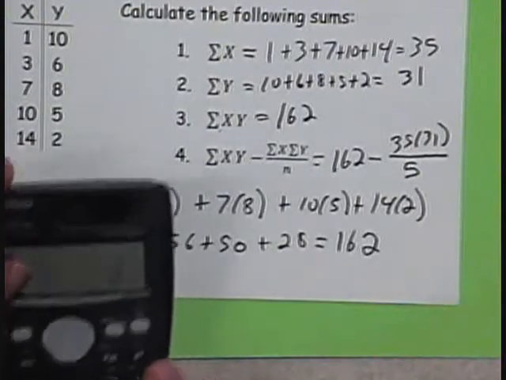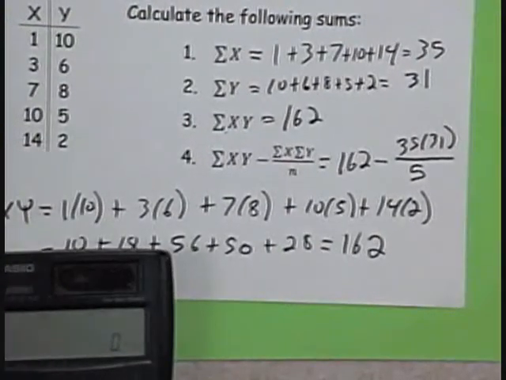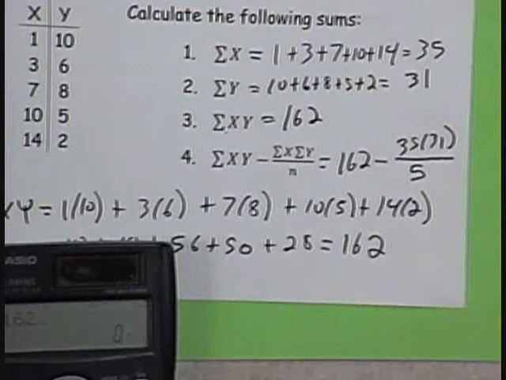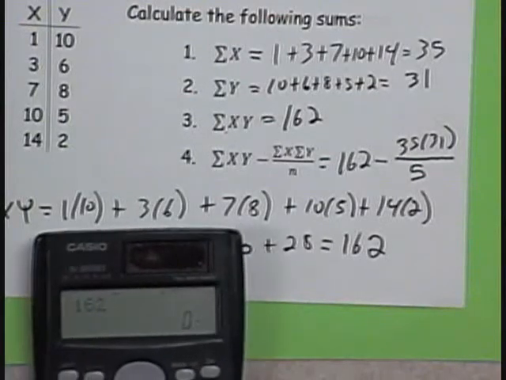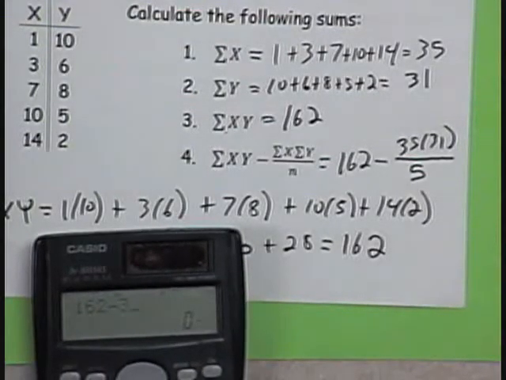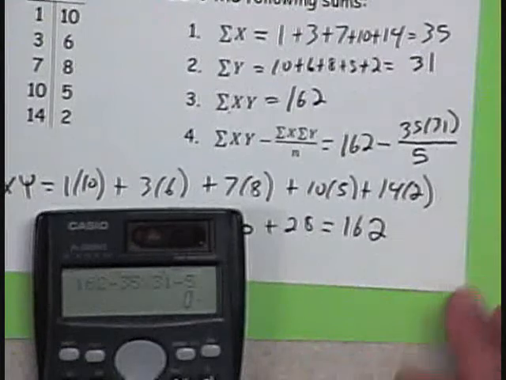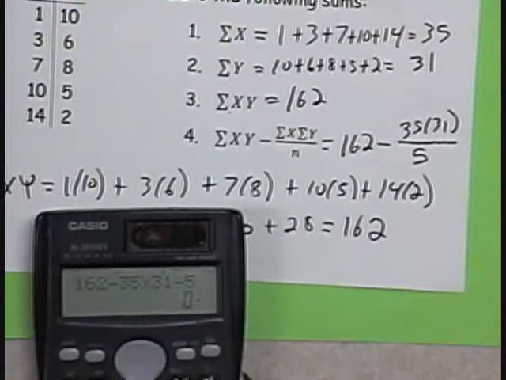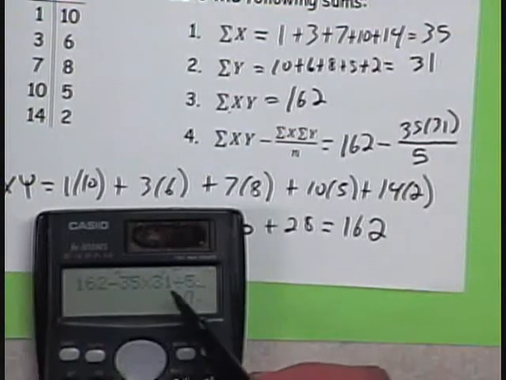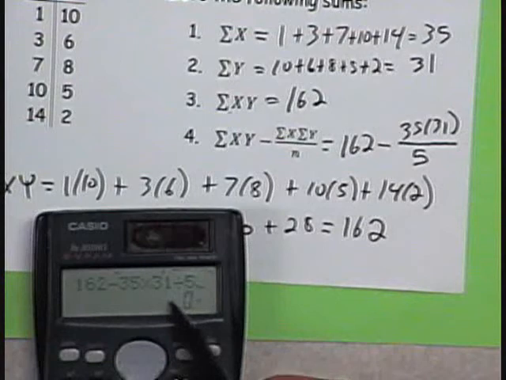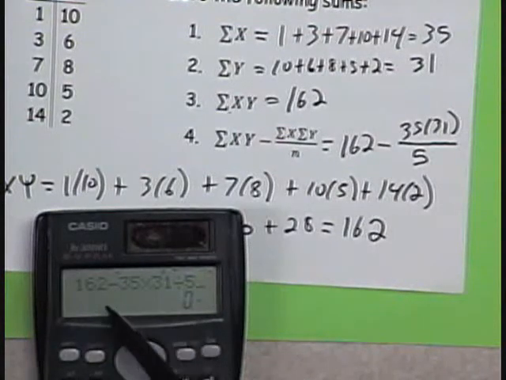Okay, so putting this last one in my calculator, I get 162 minus 35 times 31 divided by 5. And the calculator knows the order of operations. You will have to learn as we go on how to put things in your calculator. For this, it knows the order of operations, and it will multiply and divide together before it subtracts.